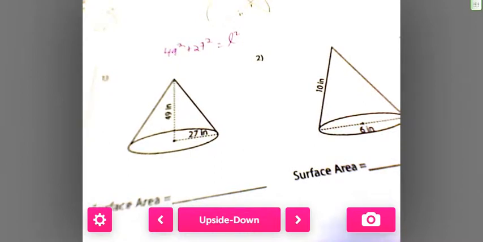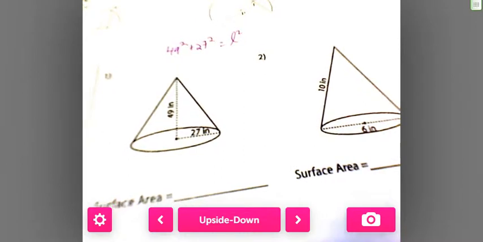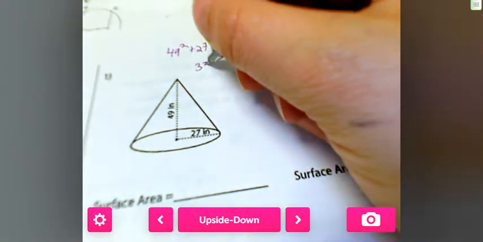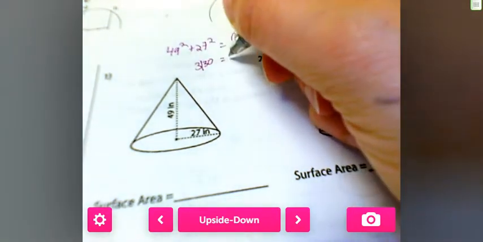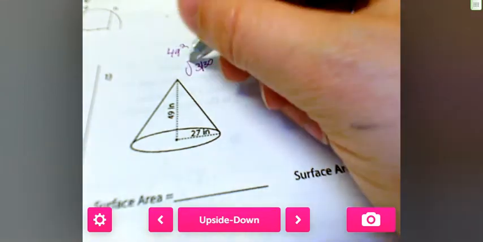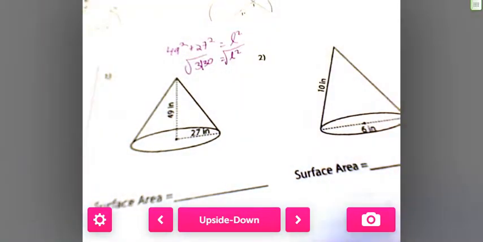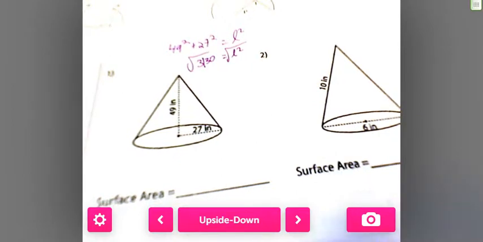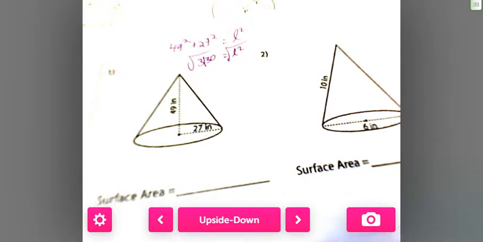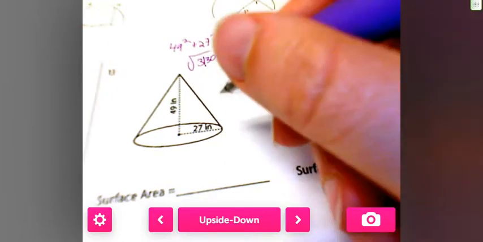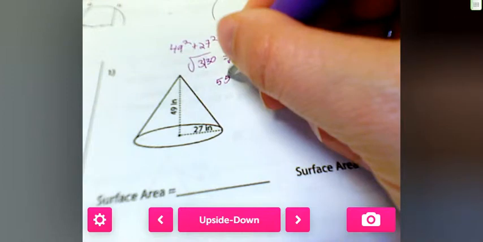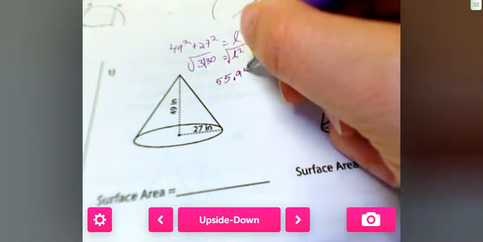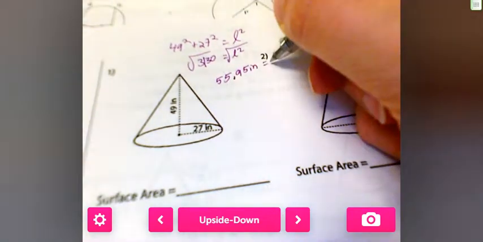So 49 squared plus 27 squared, and we get 3,130 equals the slant height squared, and then we're going to take the square root of it. And we get 55.95 inches equals the slant height.